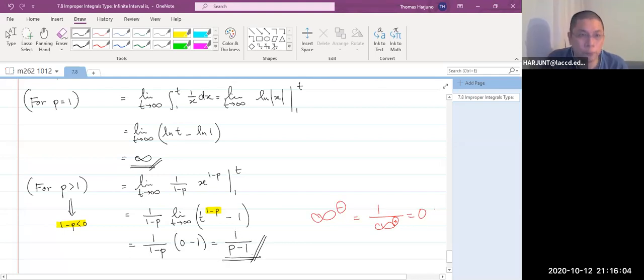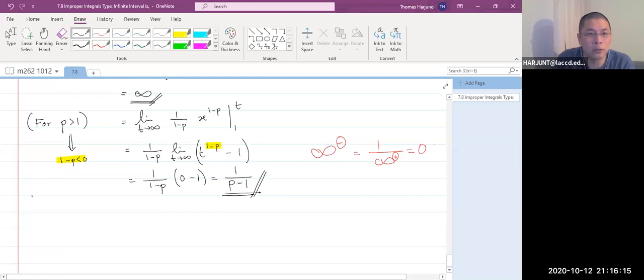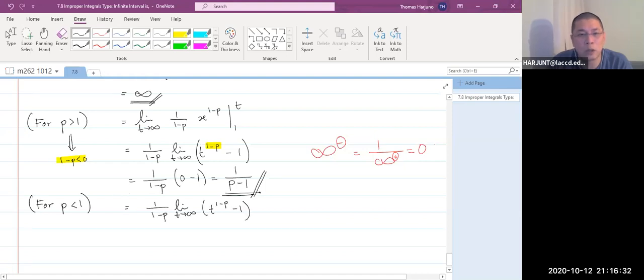So it is convergent when p is greater than 1. Now notice that when p is less than 1, then we will end up with 1 over 1 minus p, limit t goes to infinity of t to the 1 minus p minus 1.